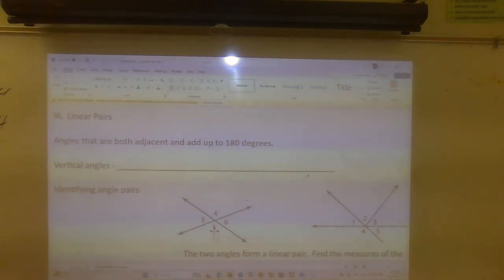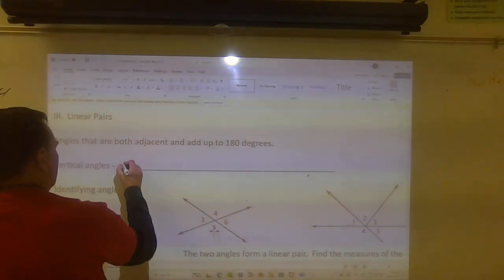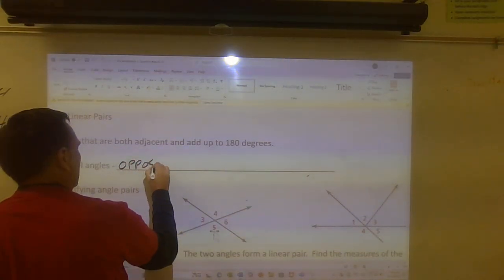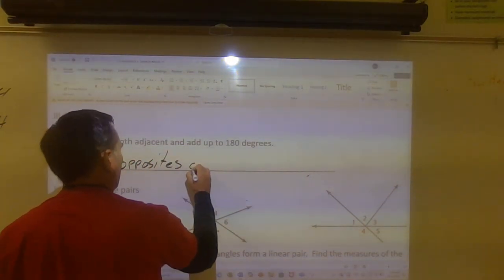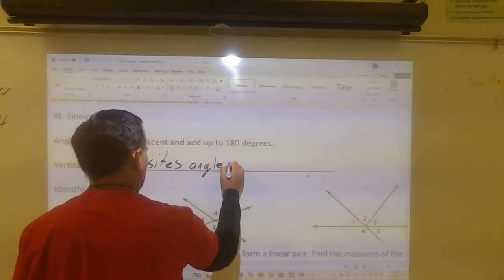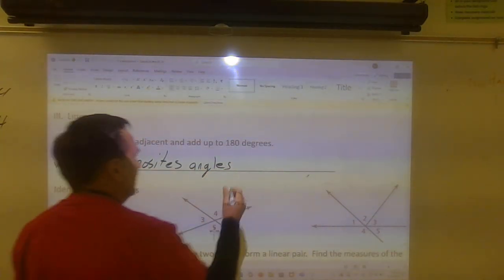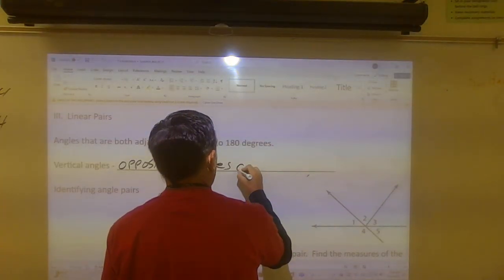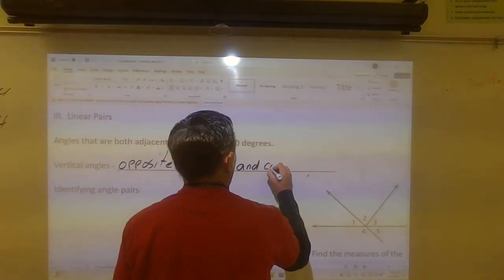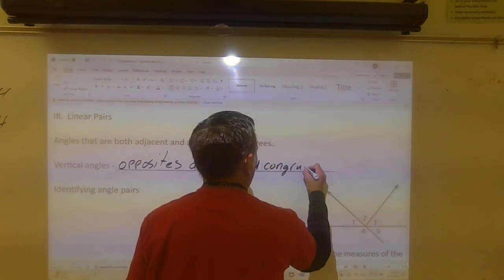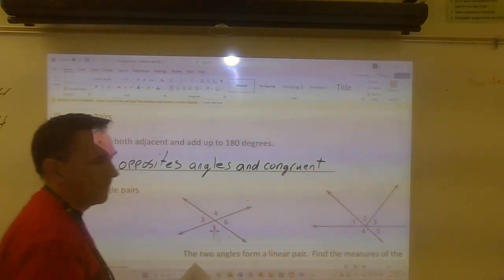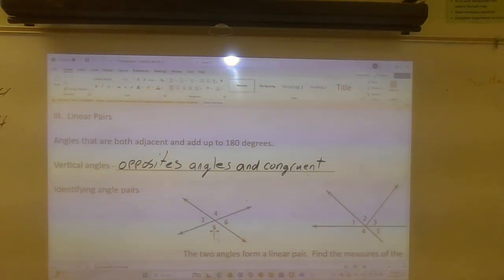We have vertical angles. These angles are opposite each other. And these will be congruent, or equal. These are another pair of special angles.